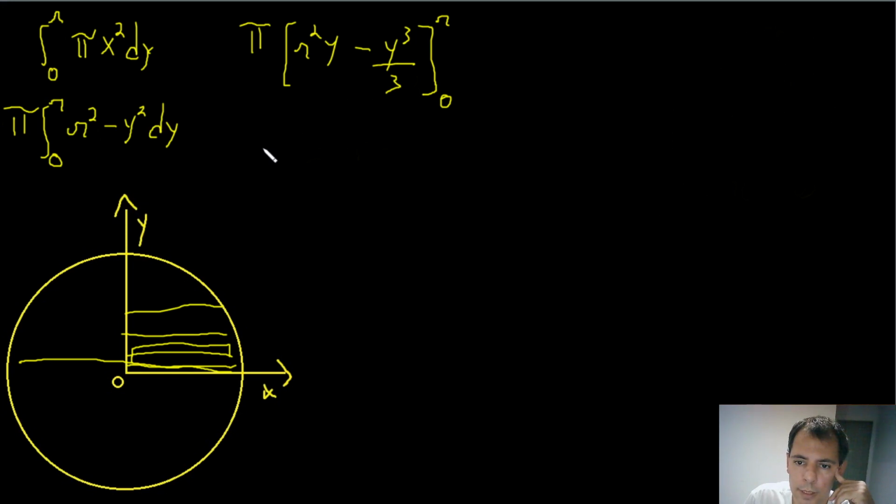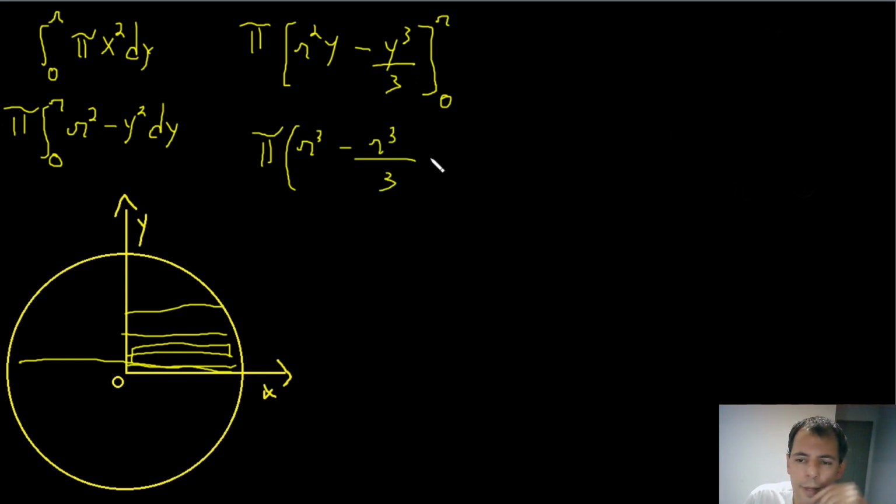So this is going to be pi times r squared, and you plug this r in here. It's going to be r cubed minus, you've got a y, you plug the r in here, so it's r cubed divided by 3.